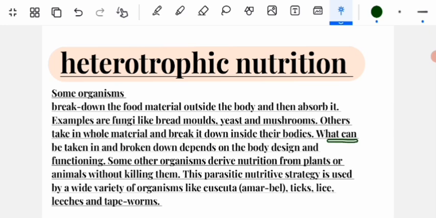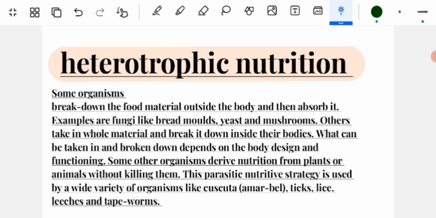And what can be taken in and broken down depends on the body design. Like how it is taken, how it is broken, it depends on it. Like there is no same mechanism when you compare a bird and a human, है ना? बर्ड में क्या क्या होता है? क्रॉप होता है, गिजार्ड होता है, which is not there in human, like that, है ना?